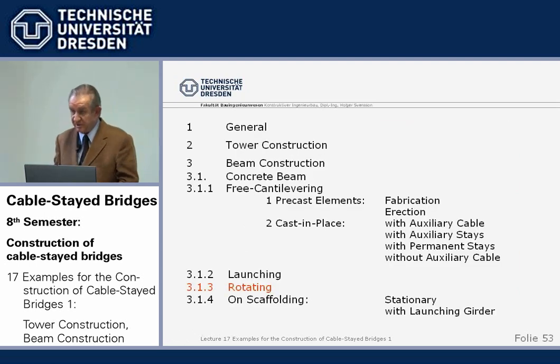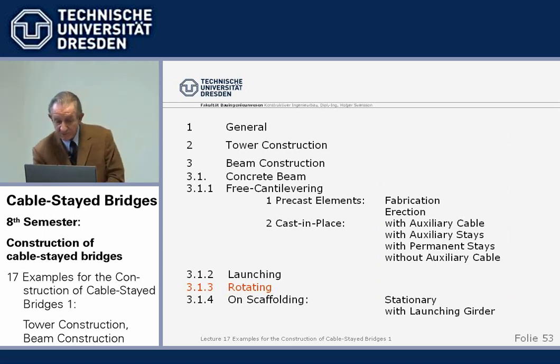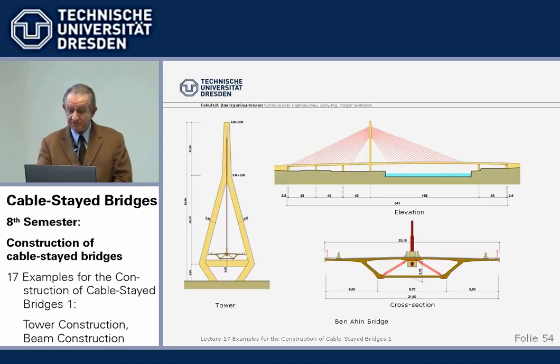Now, another possibility is to build the bridge onshore and then rotate it across the water, which has been done for a few bridges. I use the example of the Ben Ahin Bridge. Contrary to your feeling, it's not in Arabia, it is in Belgium, but it's called the Ben Ahin Bridge across the Meuse River. A tower centered here, central anchorage tied back.